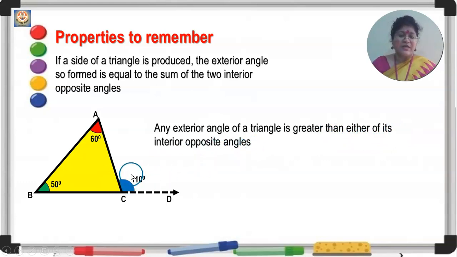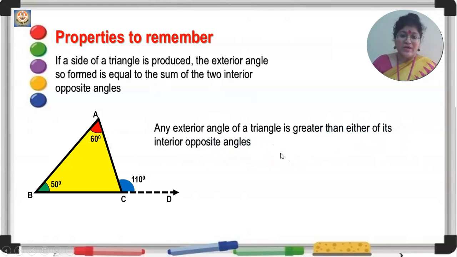Now look at this exterior angle 110. Isn't this 110 greater than 60? Yes, 110 is also greater than 50. That means the exterior angle will always be greater than each of its interior opposite angles. Okay, or you could say that it is greater than either of its interior opposite angles.